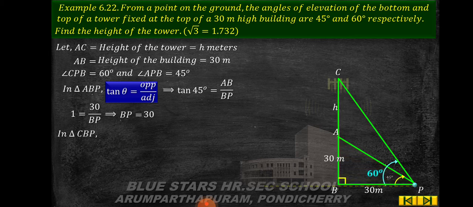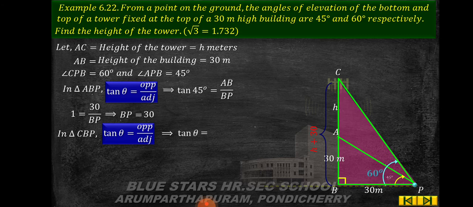Next we are considering the second triangle as the whole triangle. So in triangle CPB, the height, that is CB, is H plus 30. Tan theta is equal to opposite by adjacent.